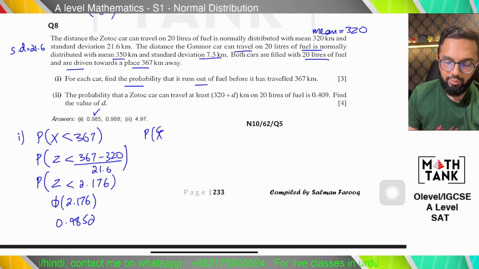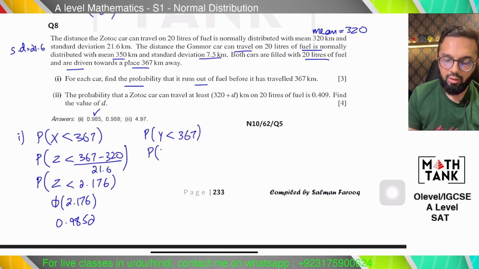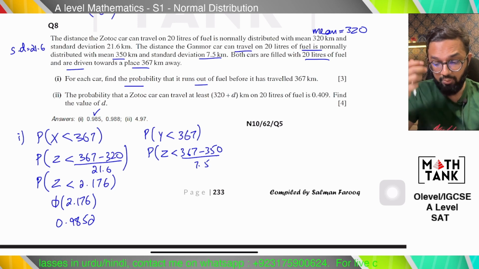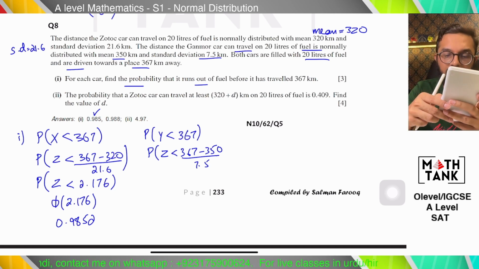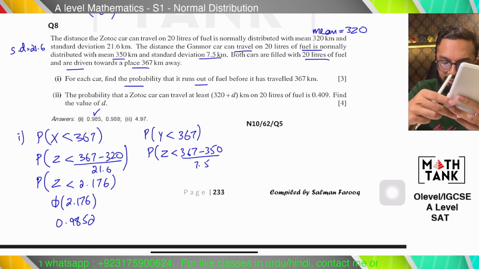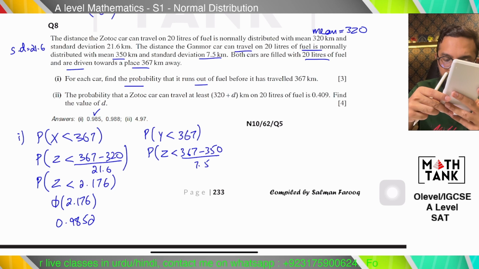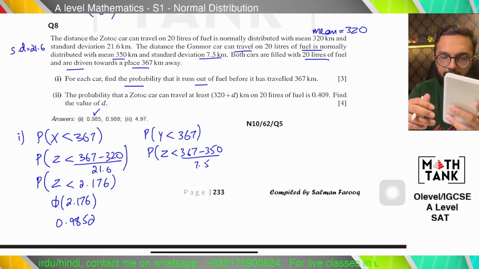Now I'm going to use the other car, the Ganmore car. Converting it to Z again, 367. This time the mean is 350 and the standard deviation is 7.5. So 367 minus 350 divided by 7.5.